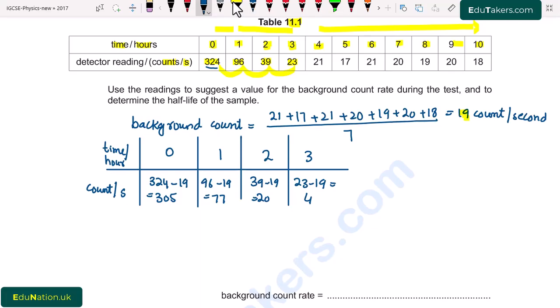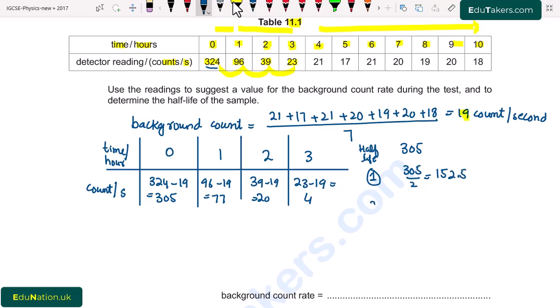Next we have to find out the half-lives. I consider 305. When the first half-life passes, I write here half-life. Then half of this value remains. It will be 305 divided by 2, that is 152.5.